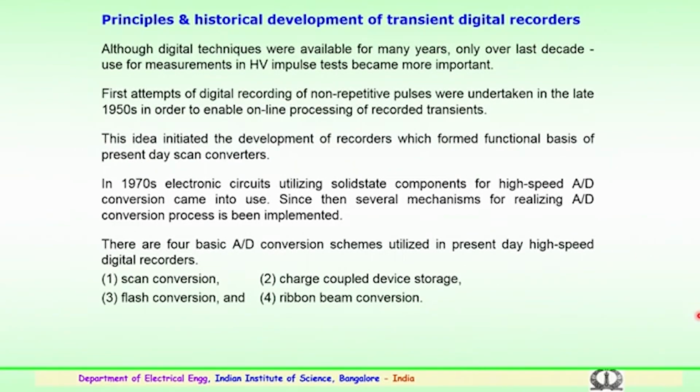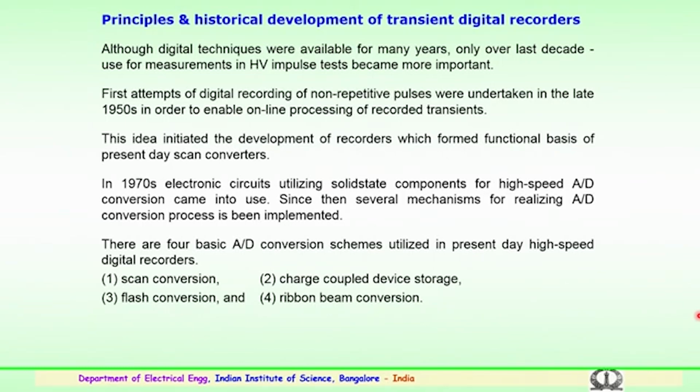Some of the principles and the historical development of these digital transient recorders, and how they have evolved, are important. Although digital techniques were available for many years, only over the last decade have they been used for measurements of high voltage impulse tests, which has become more important in analyzing and recording data.